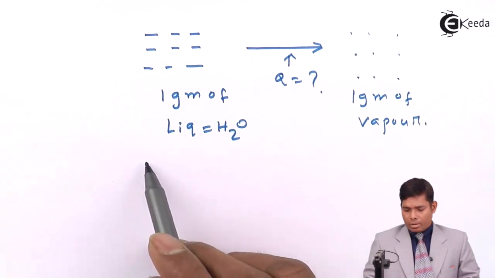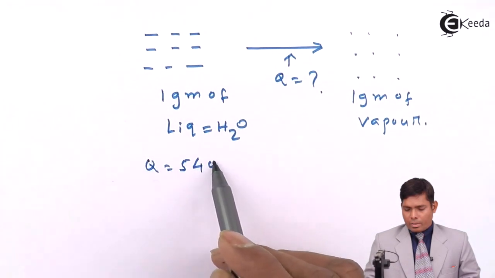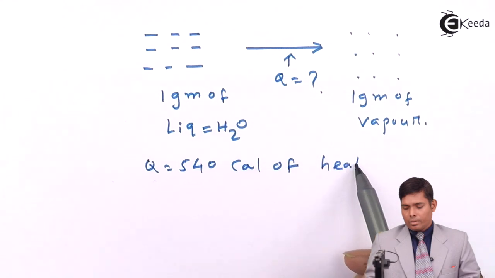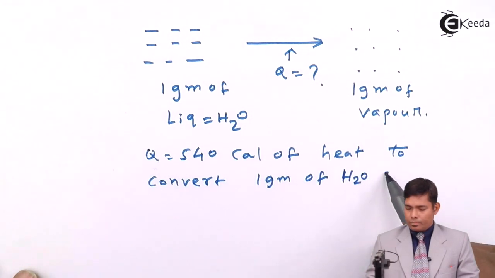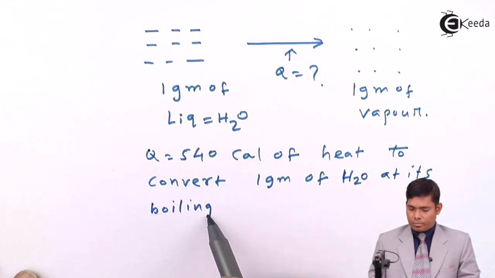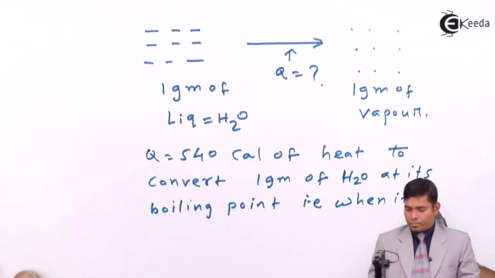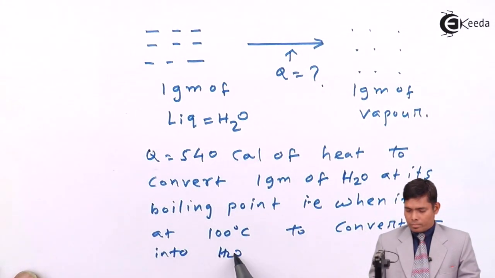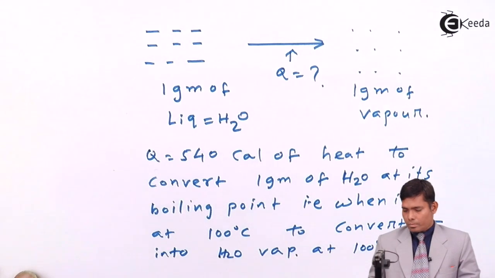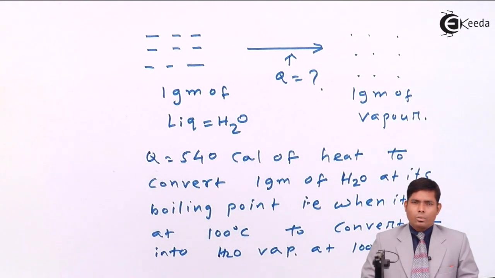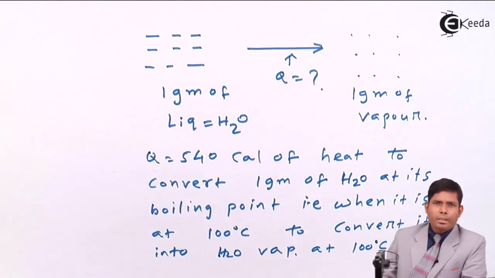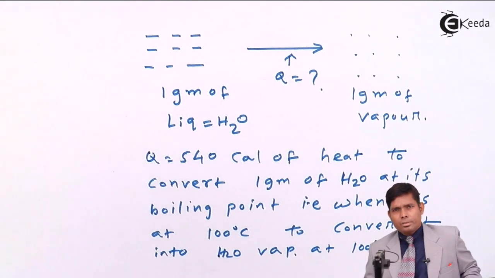So that means you require exactly 540 calorie of heat to convert water 1 gram when it is at 100 centigrade, to vapor at the same temperature 100 centigrade in gaseous form.